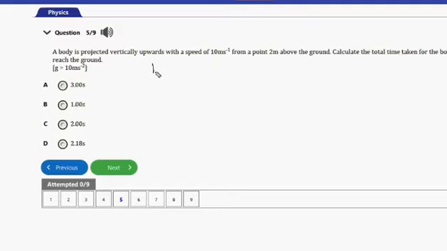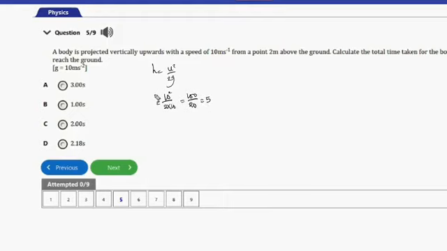So that would be u squared over 2g. So u squared is actually the square of the velocity here, that's 10 squared, then over 2g, which is 2 times the acceleration, that's 2 times 10. So u squared here is 100, and then 2g is 20.